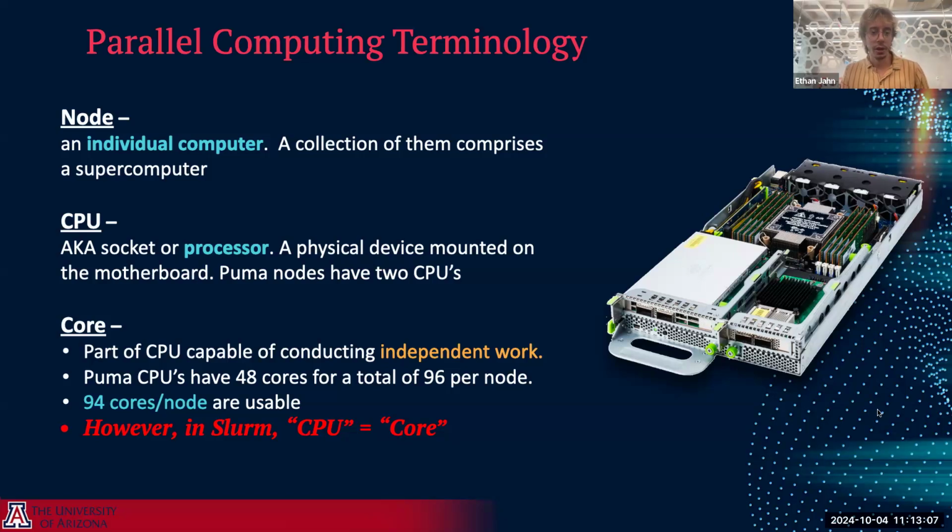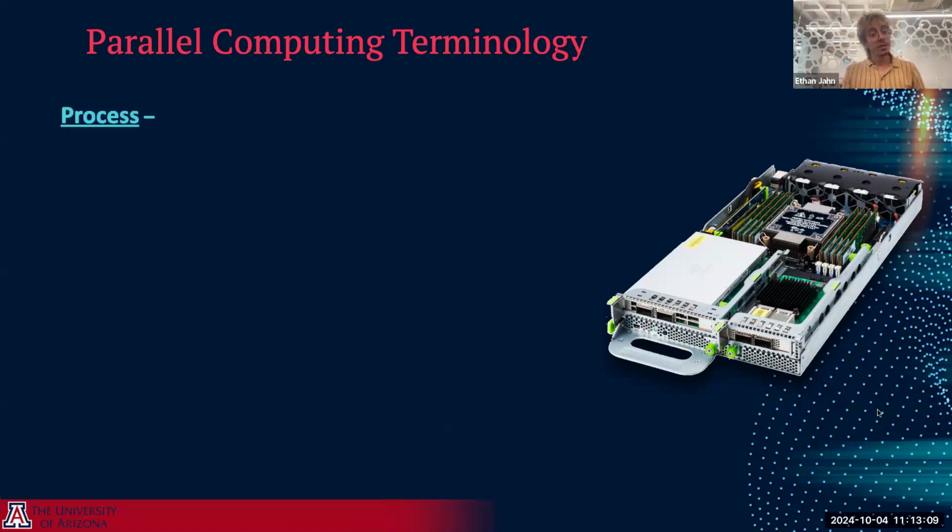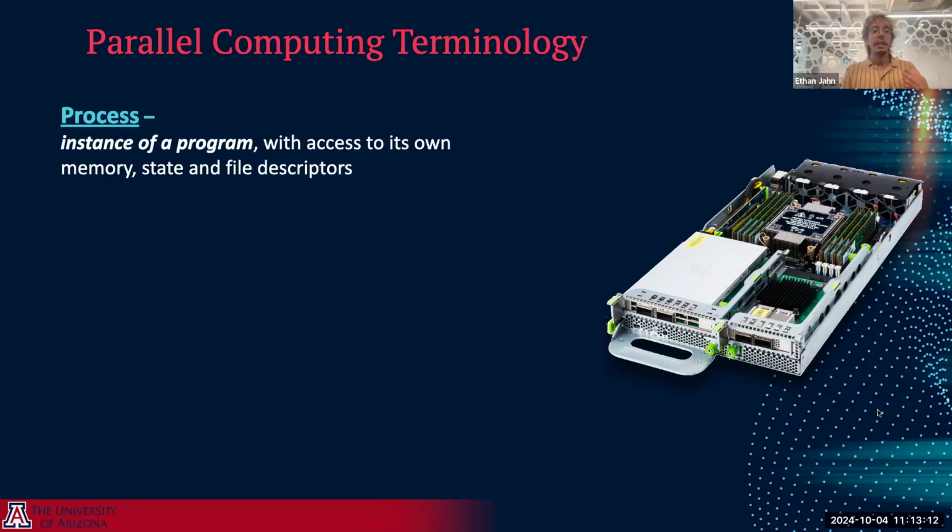All right, moving on. So a process is an instance of a program with access to its own memory, state, and file descriptors. So, if you're thinking about, I'm running a Python program, that Python program has initiated a process. Inside of that process, it has been allocated a certain amount of RAM, a certain amount of memory, right?